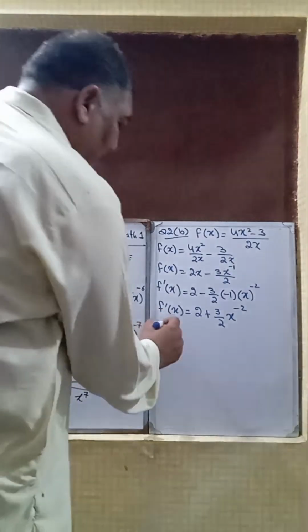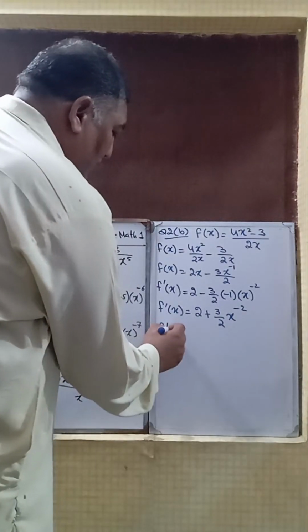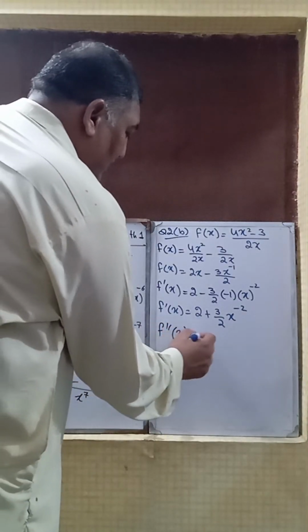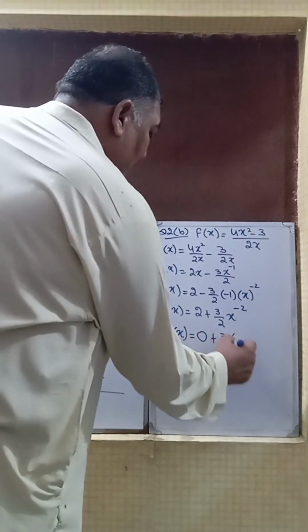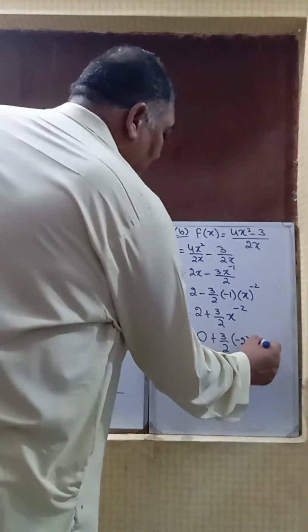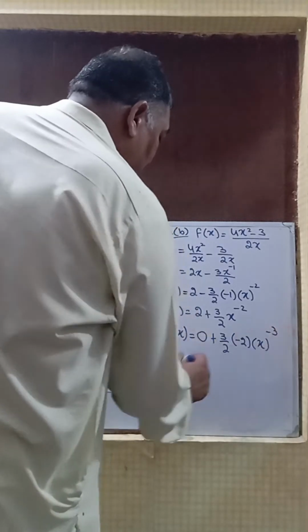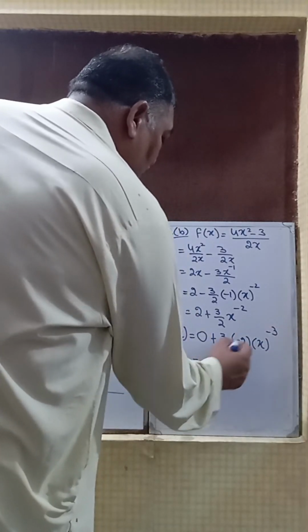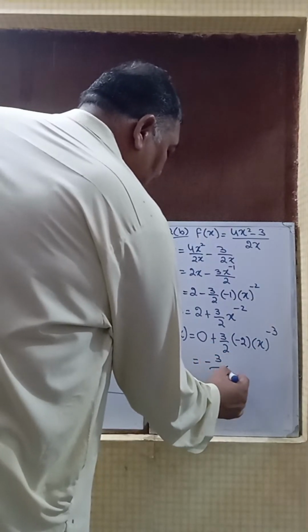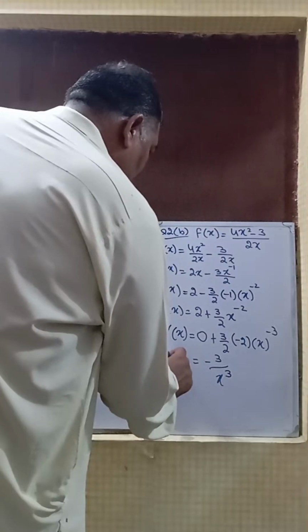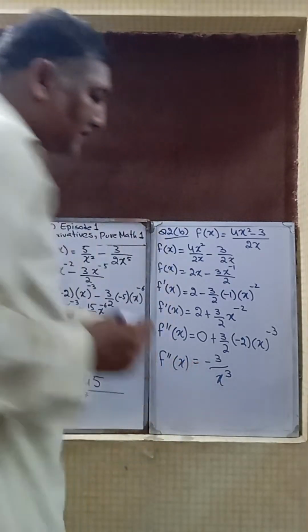I will put 2 prime signs here, which means second derivative. The derivative of 2 is 0, then 3 by 2, and this minus 2 will come on the side. The power of x will become minus 3. So this will be equals to 2 to cancel, minus 3 divided by x cube. So this is my second derivative: minus 3 divided by x cube.